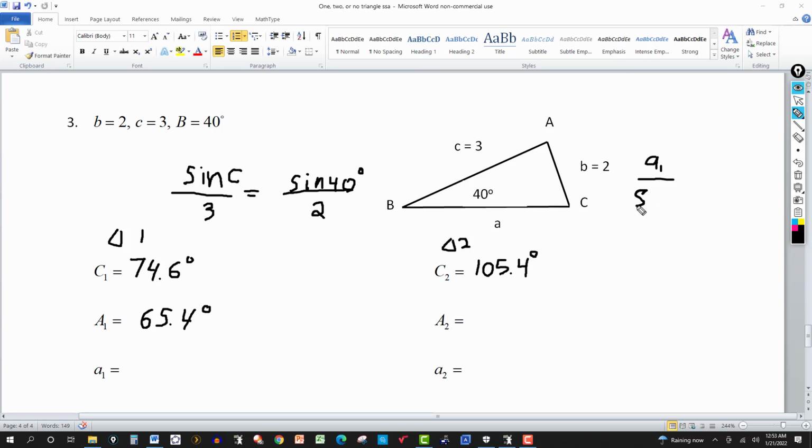So this would be sine, and of course we found that over here, 65.4 degrees. And then this is going to equal, just take any other ratio that works. Well, we have 2. I'm going to take the information given. Side B is 2, and the sine of the opposite angle, that's the sine of 40 degrees.